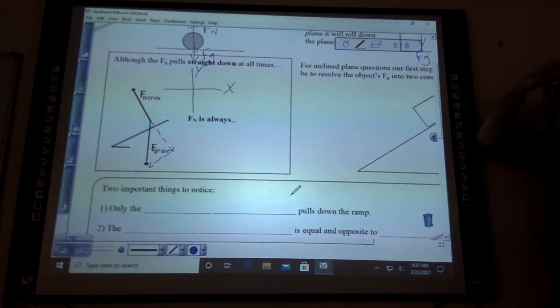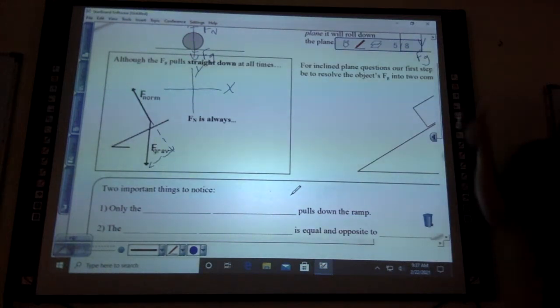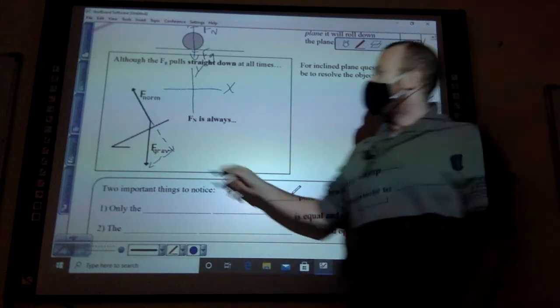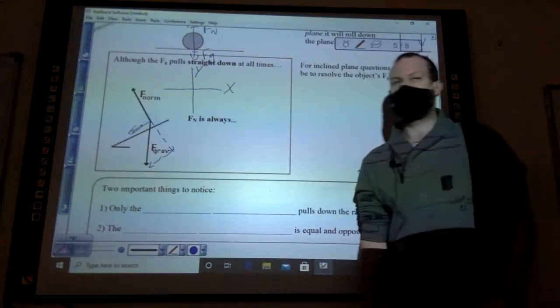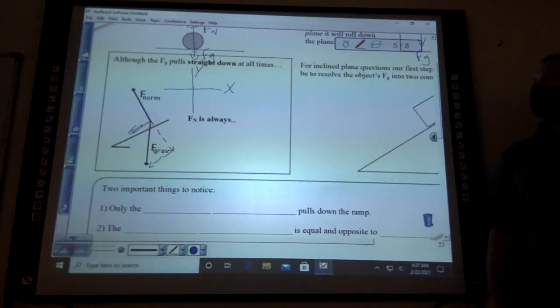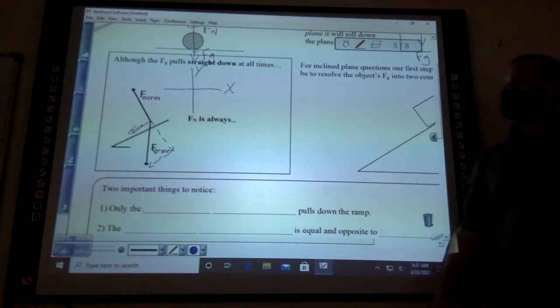Because is the x component of the force causing it to go down the hill or the y component? You can't tell, because it's going to be a combination of both. The part that's pulling it down the hill is this. So that's a mix of both x and y.